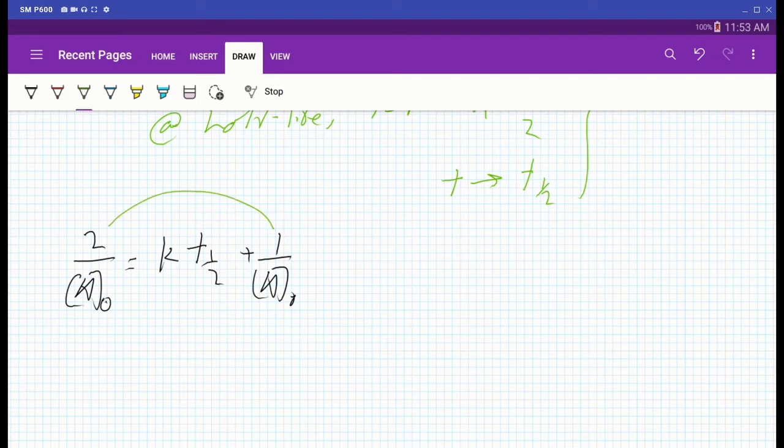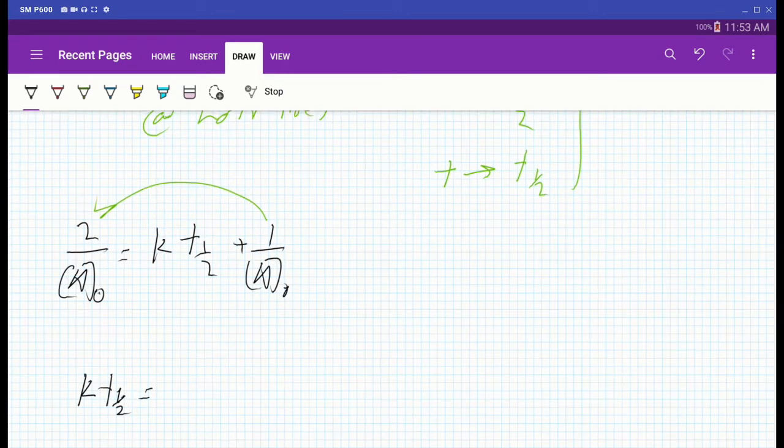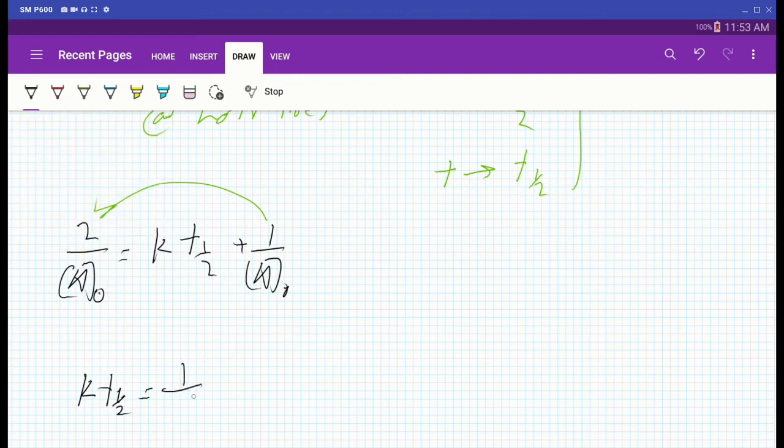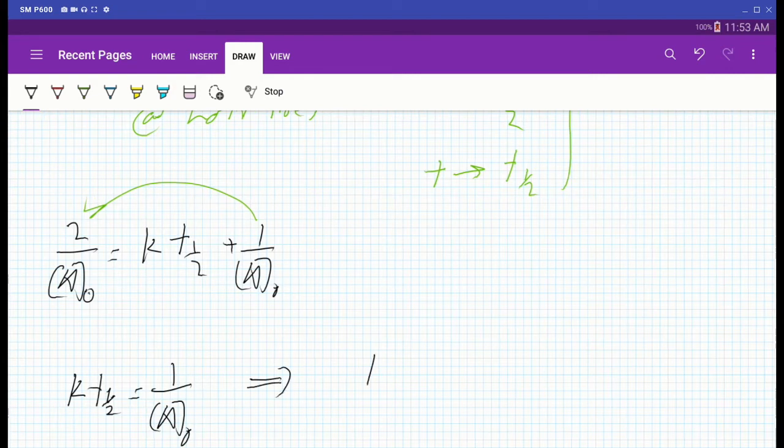Moving that over to the other side, you end up getting k t 1/2 is equal to 1 over the initial concentration, which rearranges to give you t 1/2 is equal to 1 over k times A0.